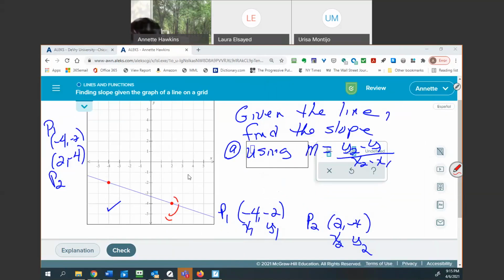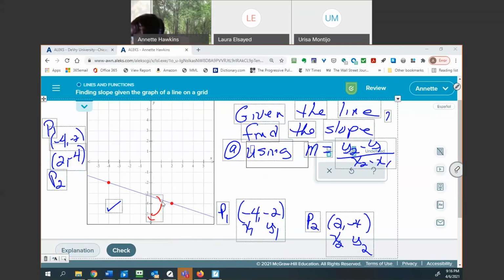Now, I can't go up that line. I have to travel along the grids. Are you with me? I can't travel just going straight up like that.